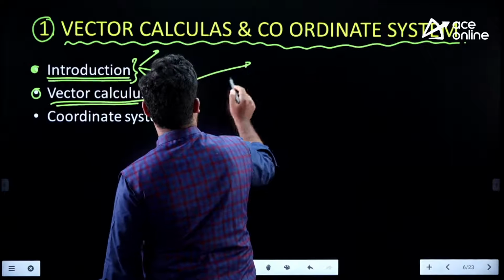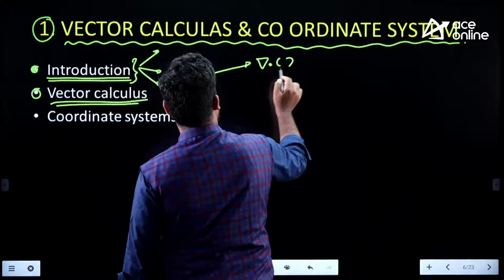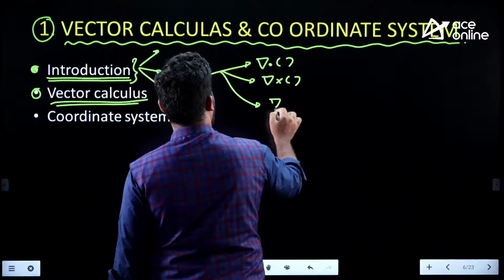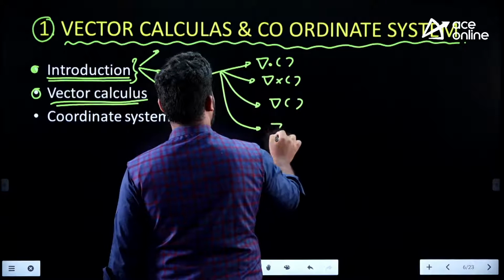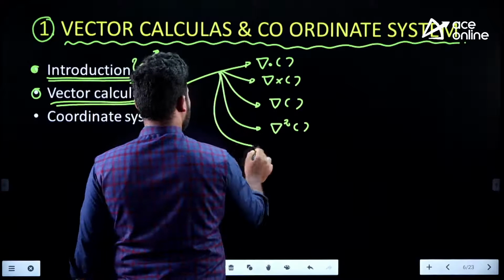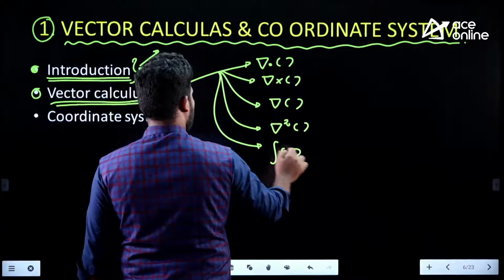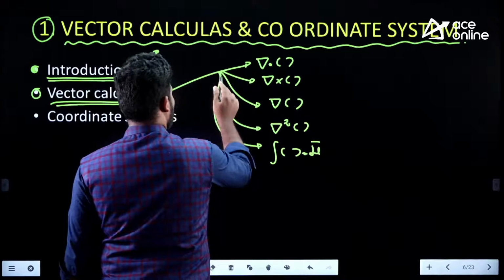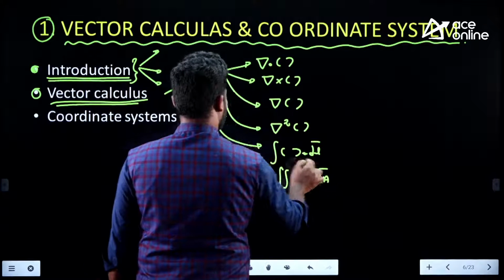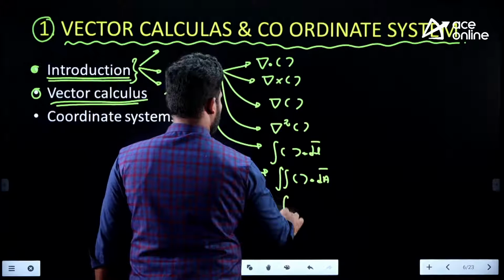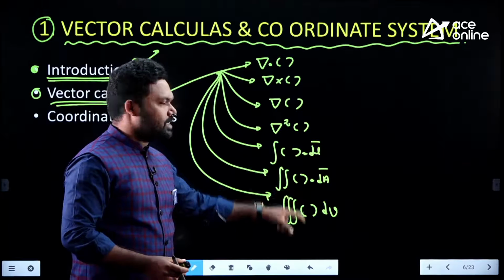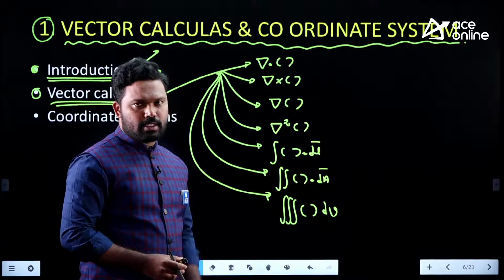One should know about vector calculus, like divergence, curl, gradient, Laplacian operator, and then line integral, closed line integral, surface integral, closed surface integral, and volume integral. And you can do the conversions among these integrals with the help of Stokes theorem and divergence theorem.